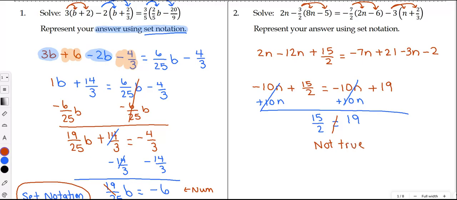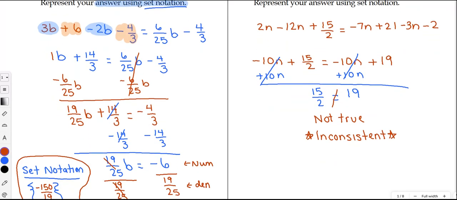Not a true statement. If it is not a true statement, it is known as inconsistent. If we end up with a not true statement, inconsistent, it means there is no solution.